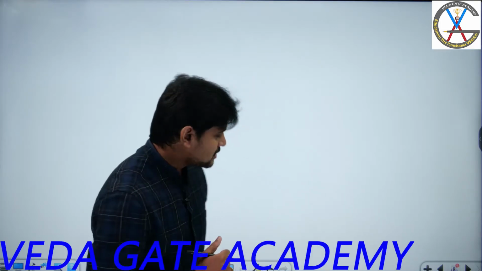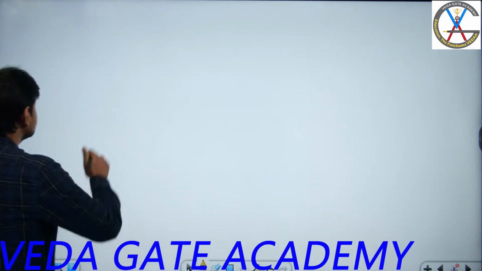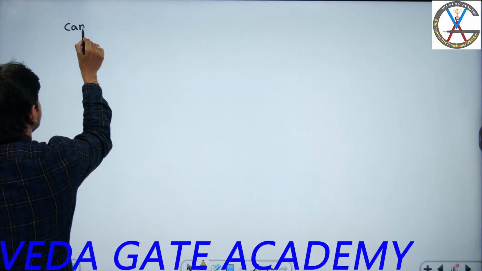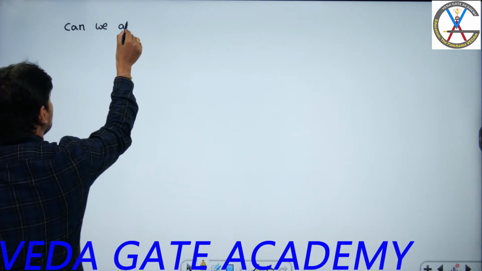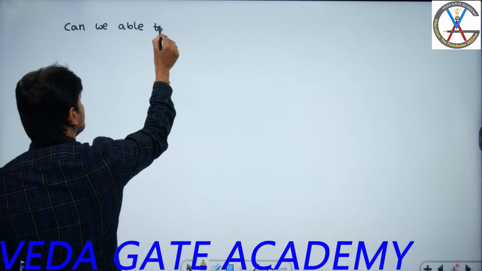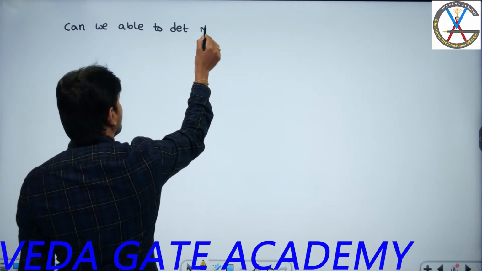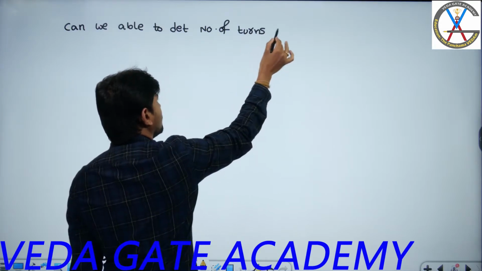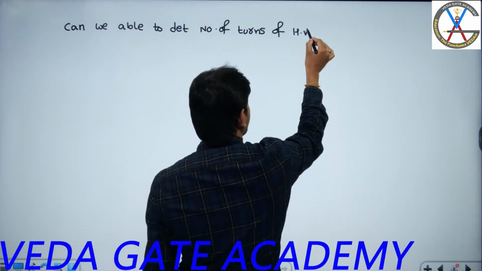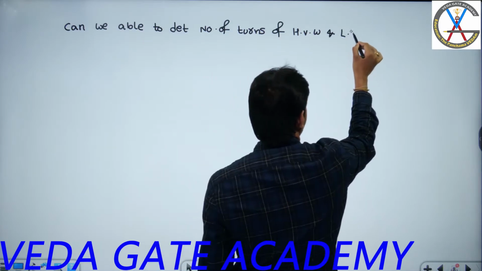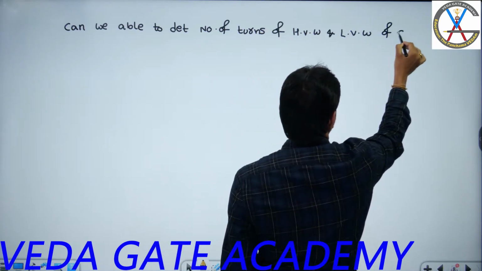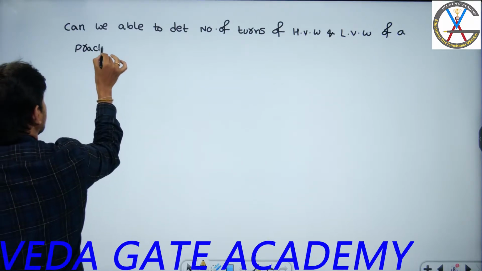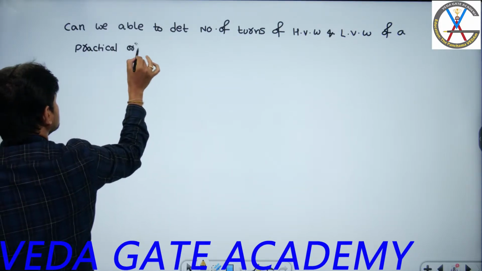Now the first interview question is this. They ask a simple question: can we determine the number of turns of HV winding and LV winding of a practical or constructed transformer?